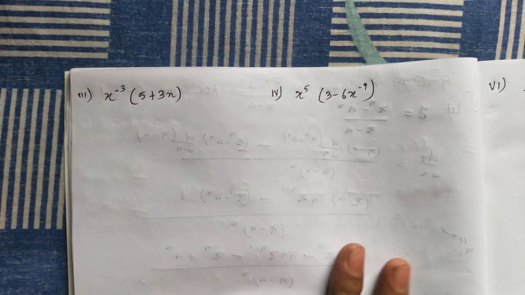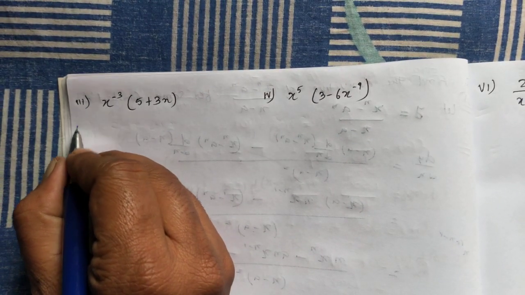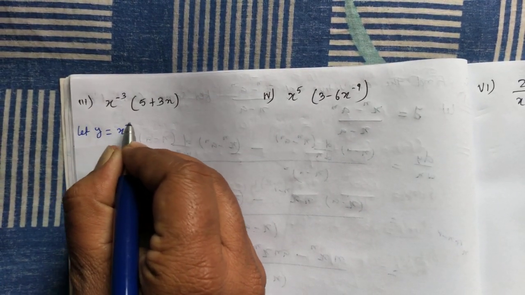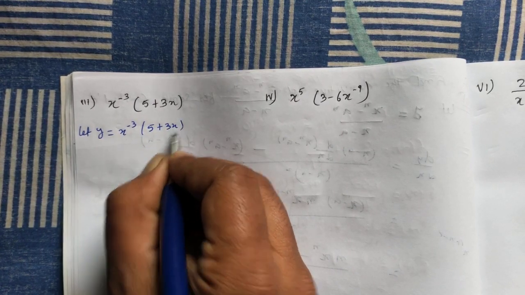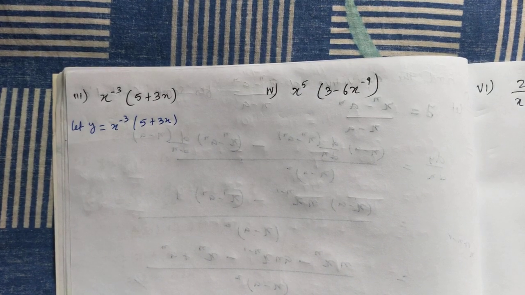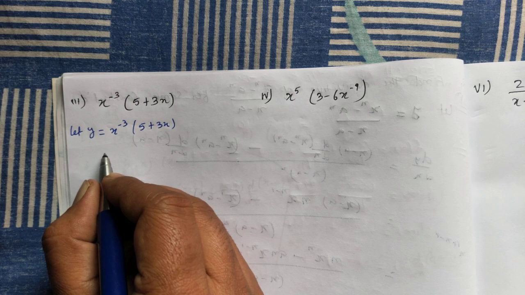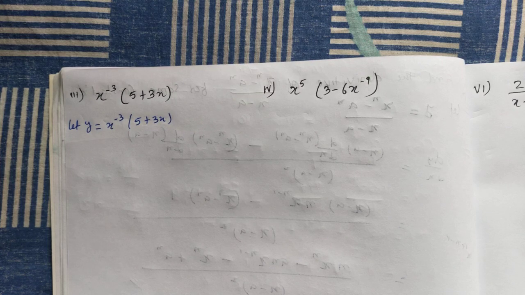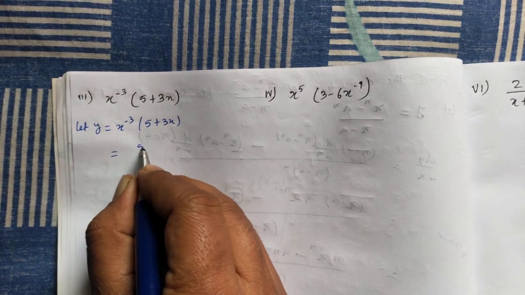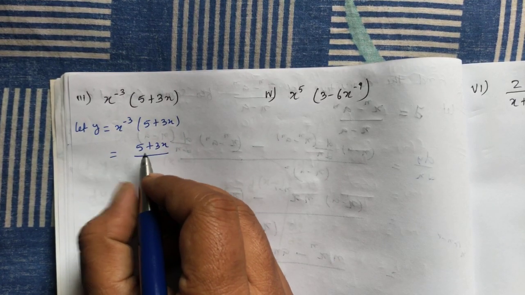Let's do question number 3. Same. We can solve and derive also, no problem. This you can write as 5 plus 3x by x cubed, since it's a negative power, you can bring it down.